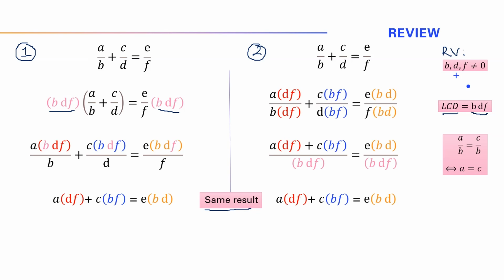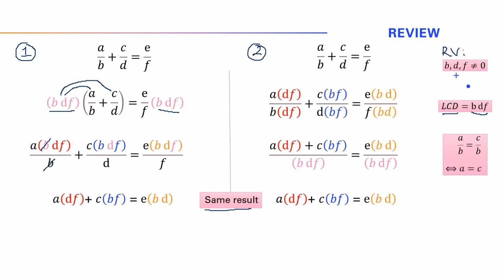On the left hand side, we distribute, so we have A multiplied by BDF over B, and then the second term we have C multiplied by BDF over D. On the right hand side we have E multiplied by BDF over F. The factor B is in common, so we cancel that.